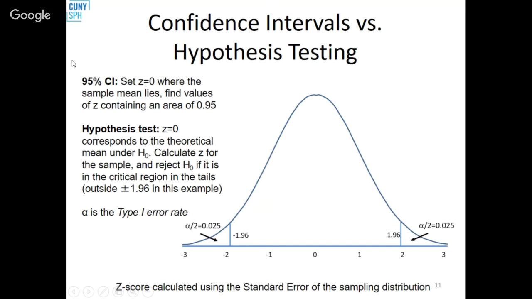So if you calculate a 95% confidence interval, for the one sample z test, you set z equals 0 where the sample mean lies, and you found values of z and then corresponding values of the measurement that contained a probability of 0.95 under this standard normal distribution. And that gave you your confidence interval at the sample mean plus or minus 1.96 times the standard error.